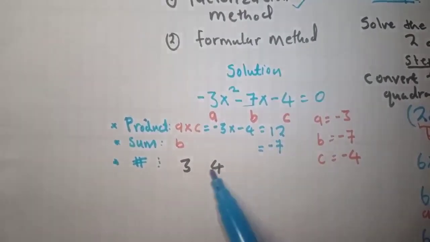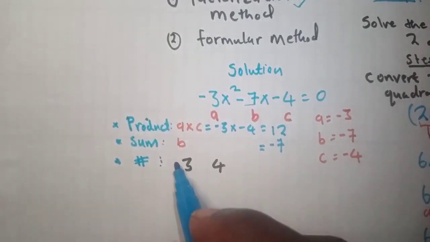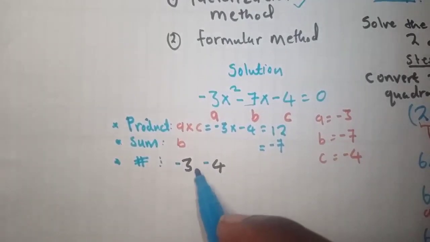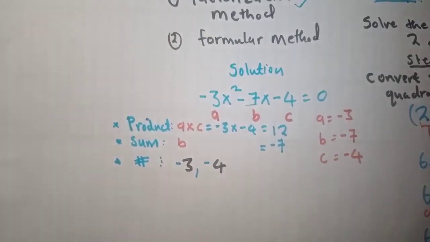Now when we add 3 and 4, are we going to get negative 7? No, we are going to get positive 7. So we want to get negative 7, so I'll put a negative and a negative here. Meaning my two numbers are negative 3 and negative 4.